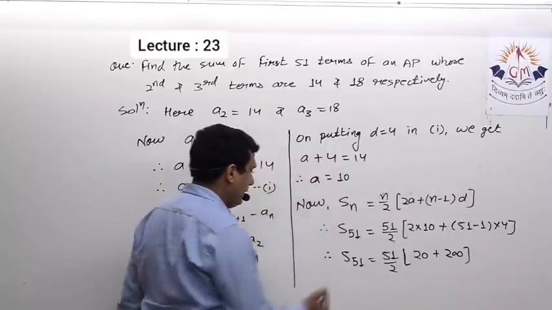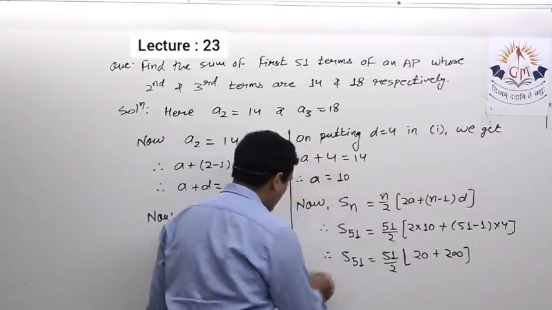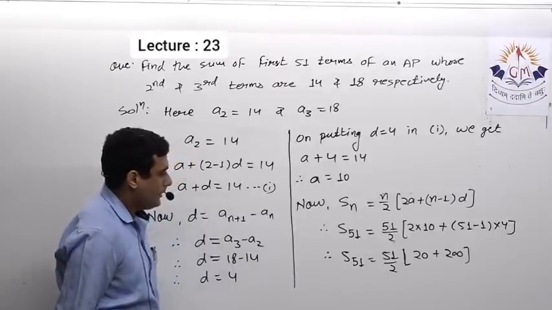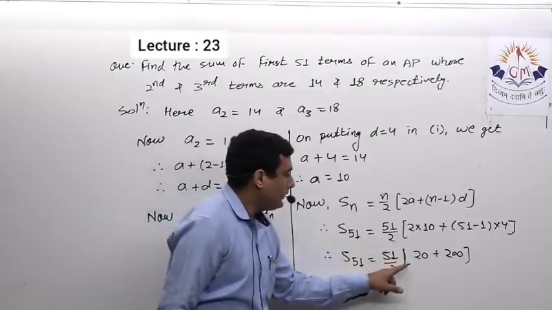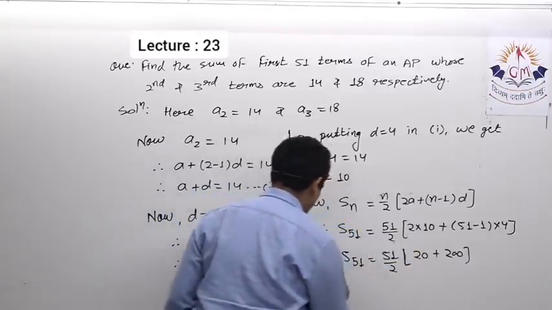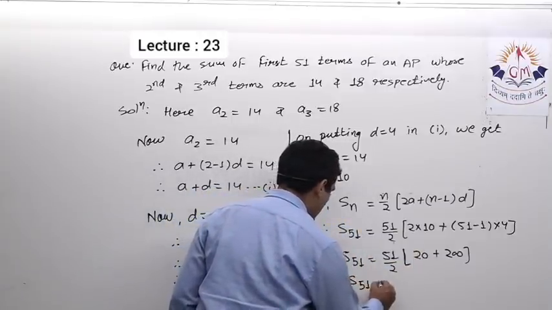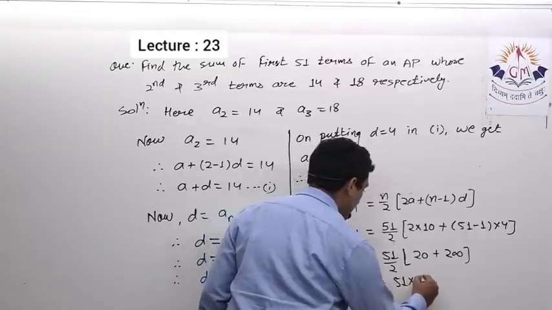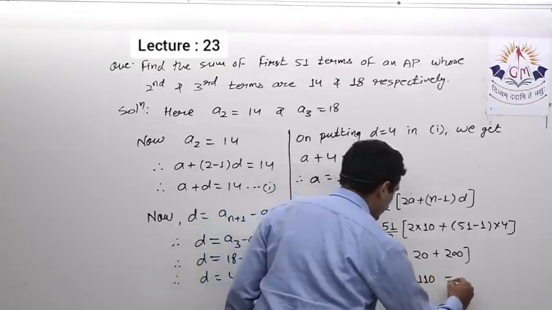Okay, so it's very easy. The only calculation part is left. So this will be 51 multiplied by 110. So therefore S51 is equal to 51 multiplied by 110.